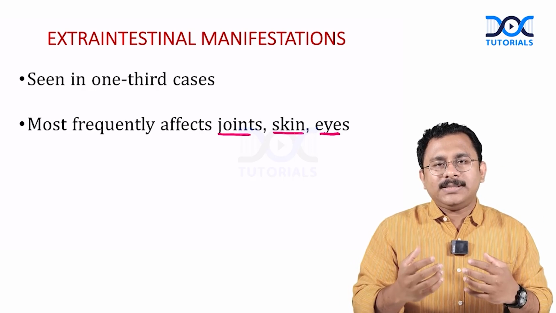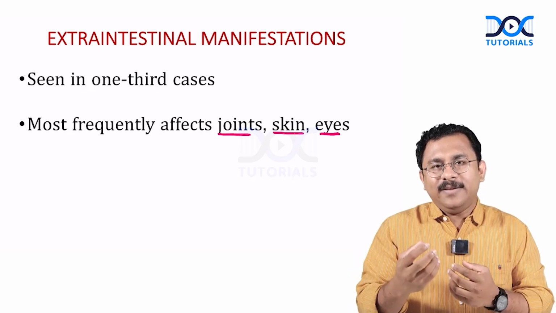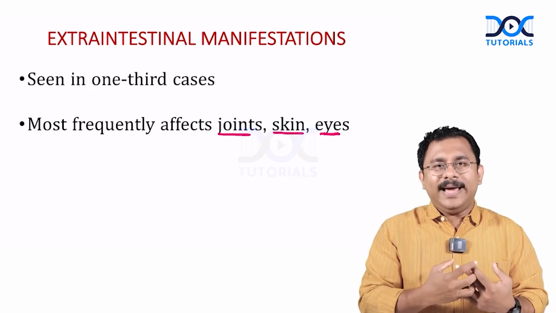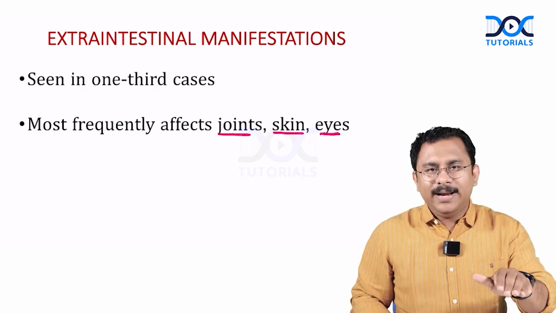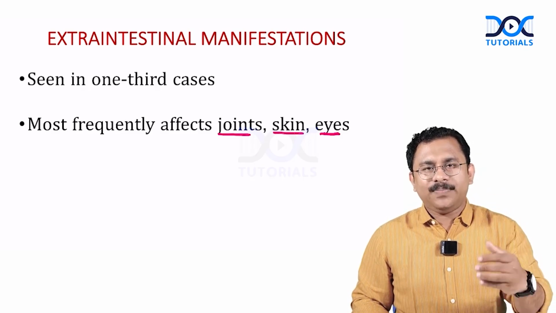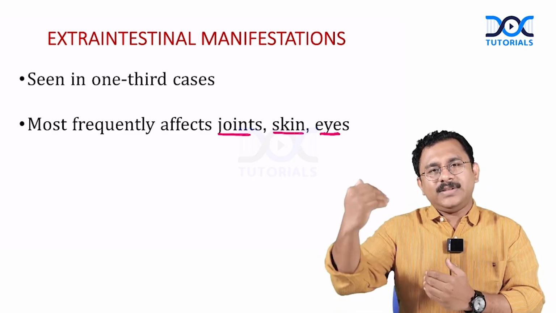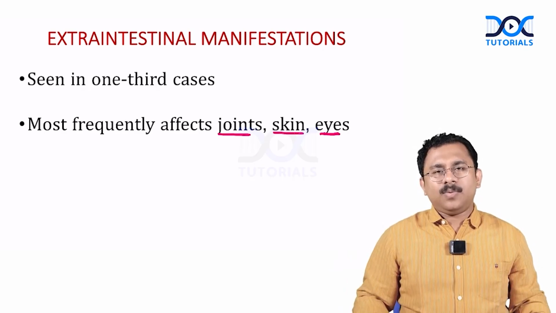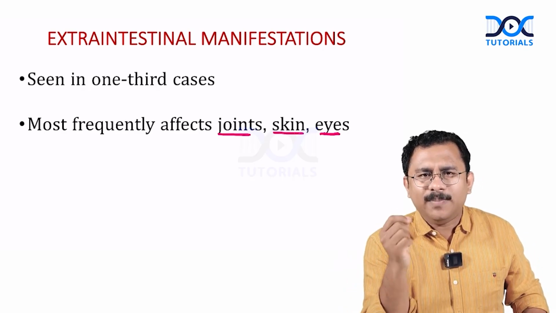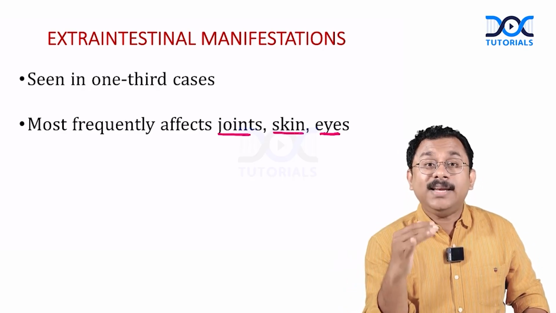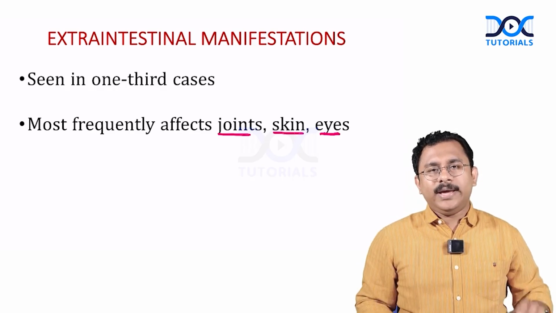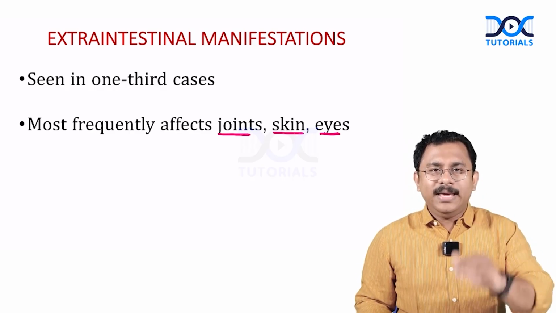So what is the importance? The extraintestinal manifestations which are related to the bowel activity, once the IBD is controlled, will also be under control. But there will be certain extraintestinal manifestations that can persist in spite of the IBD being in remission.